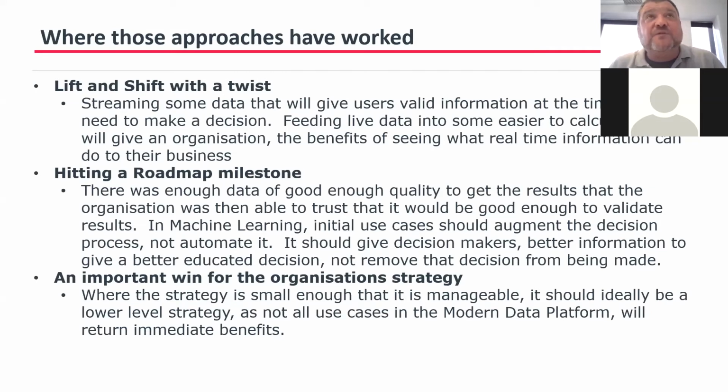So something like if you've got a business where you've got some teams who've got a specific KPI that they need to hit, and you would like to make it part of a daily stand-up as part of moving to agile, that you review those KPIs. That could be something that you move as part of your lift and shift with a twist if you can't refresh it in near real time on your constraints of your platform.